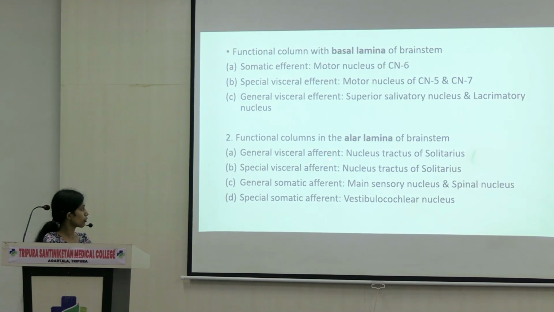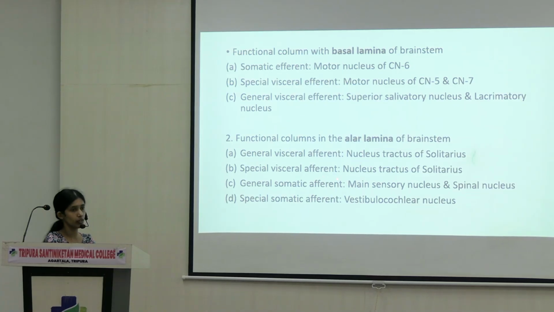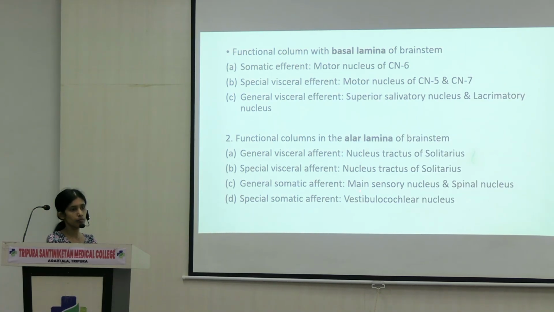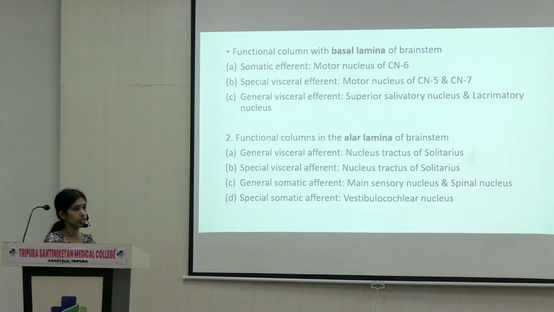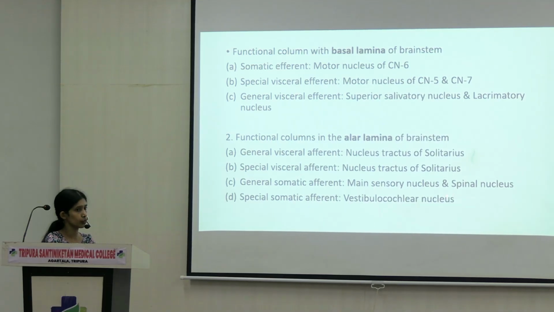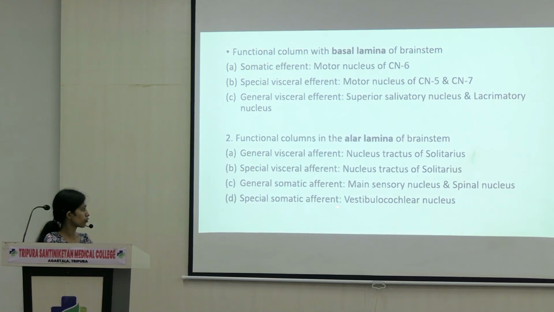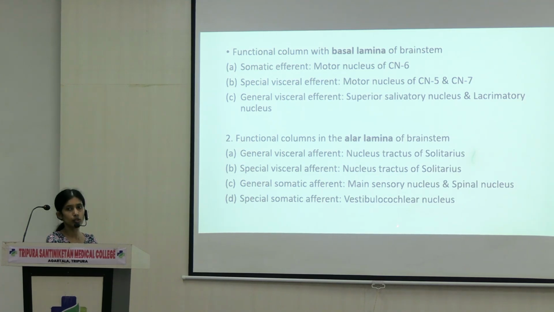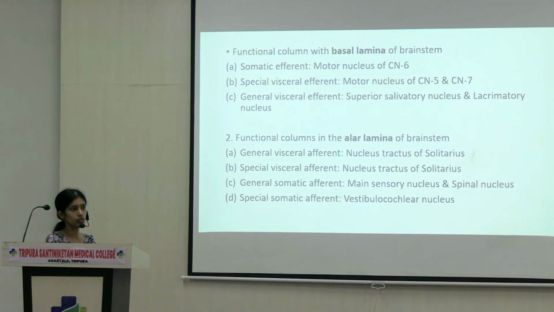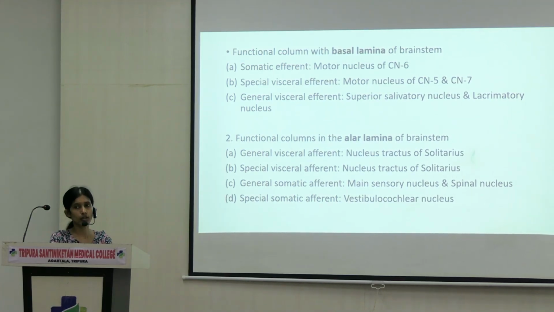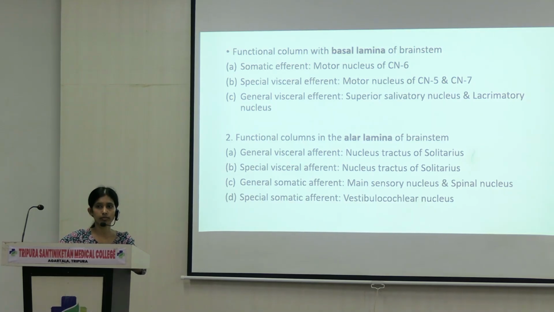The general visceral afferent and the special visceral afferent give rise to the same nucleus, that is the nucleus tractus solitarius. The general somatic afferent will give rise to the main sensory nucleus and also the spinal nucleus. Special somatic afferent will give rise to your vestibulocochlear nucleus. Okay, so these are the nuclei we can see in your pons region. Any doubts in the development of pons?